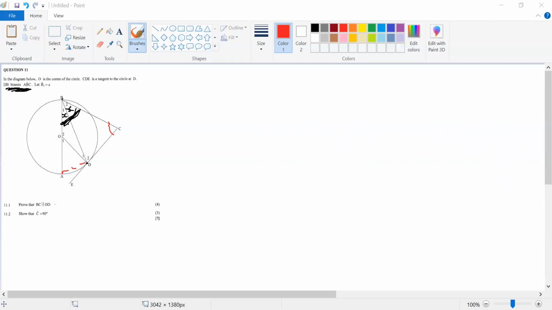So what would be your plan in order to solve this? Try to find the sum of the triangles.